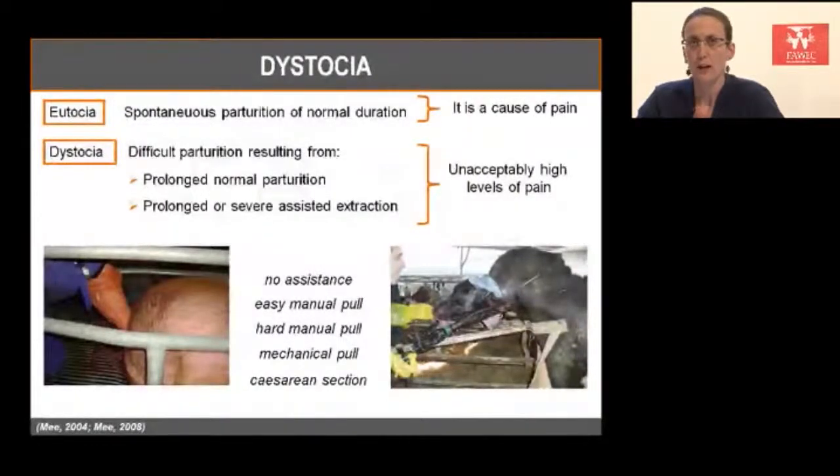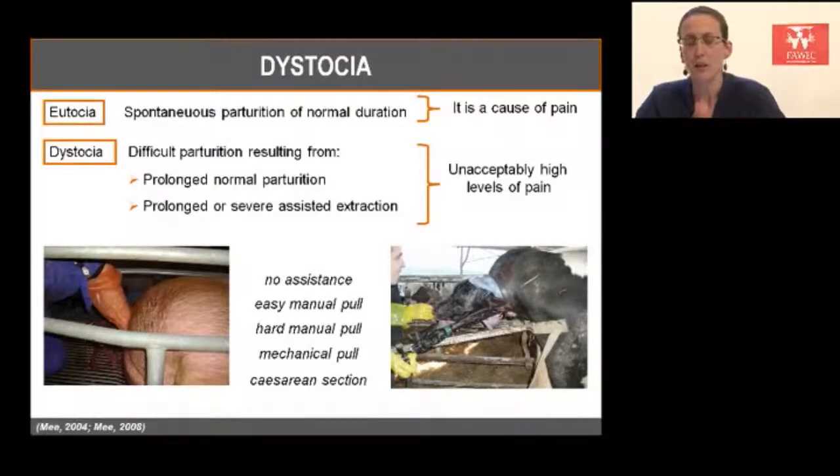Contrary to that, we have dystocia parturitions. That means a difficult parturition resulting from prolonged normal parturitions or prolonged or severe assisted extractions. In this case, dystocia or difficult parturitions produce a high level of pain.